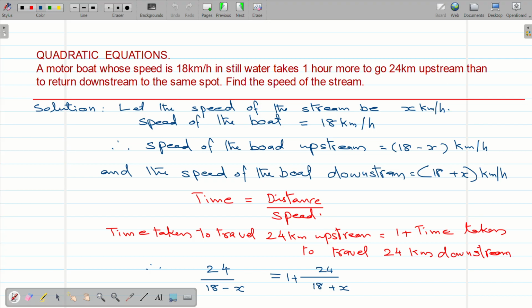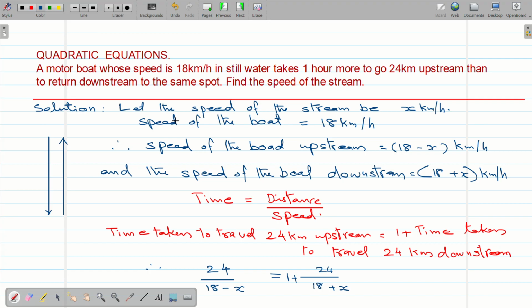It means it goes 24 km upstream and then, coming back to the same position, travels 24 kilometers downstream, right? And for traveling 24 kilometers upstream, it takes 1 hour more than to go 24 kilometers downstream.